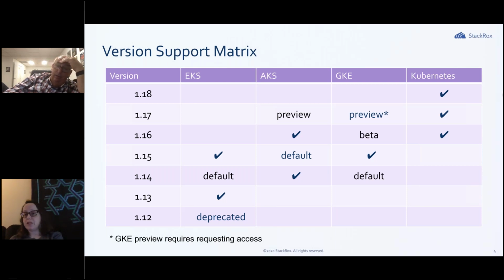So that's a big change for a lot of providers, and for some users too, if they've done any coding that relies on certain API versions, or even their manifest, because if you're deploying a resource, you have to put what is the API that manages this resource. That's a smaller change. But if you've written programs around this, that's a little more work. So 1.15 to 1.16 is a big jump.